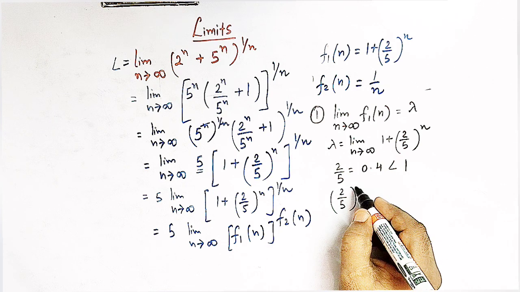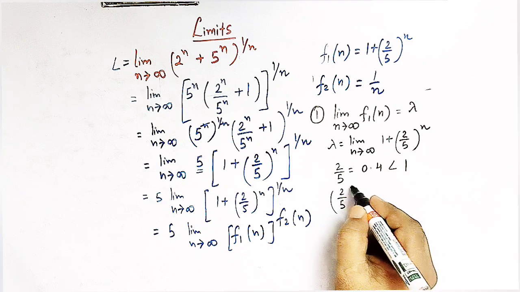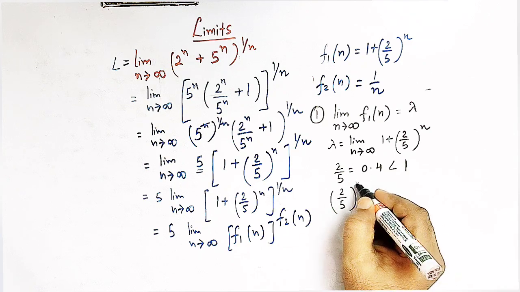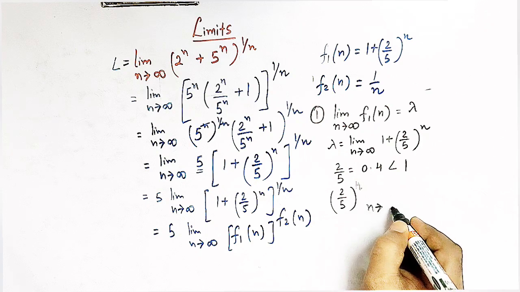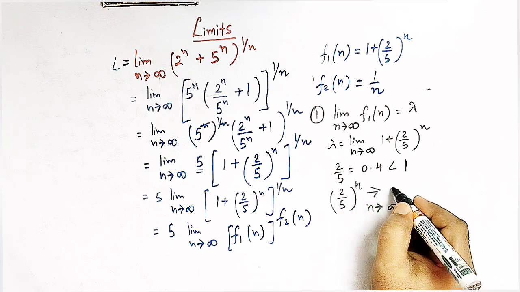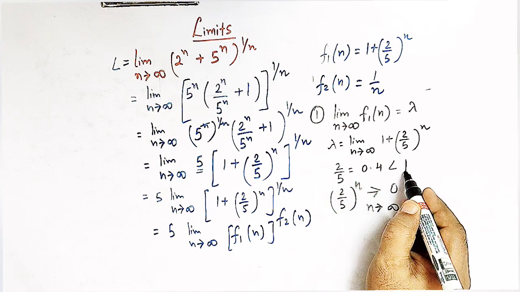As n tends to infinity, (2/5)^n tends to 0, because 2/5 is less than 1.